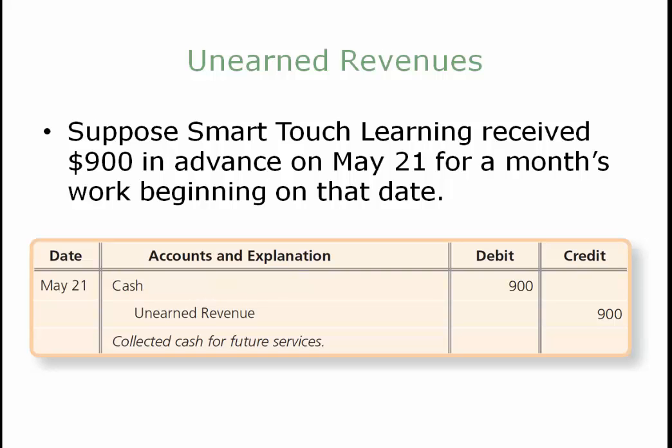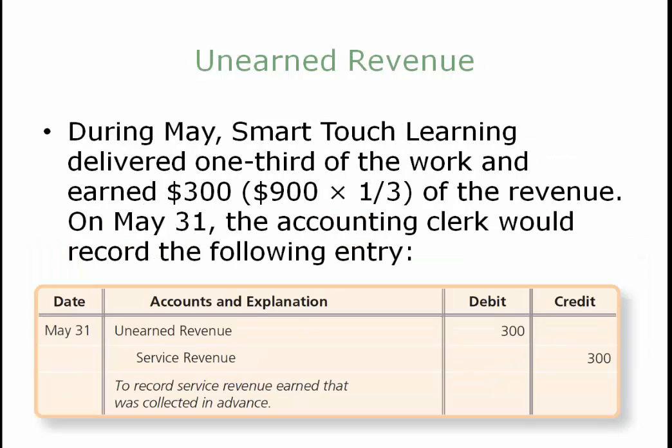When the computer comes in, I'm going to charge the rest of that back to you. And when I deliver the computer, that now becomes earned revenue on whatever date that they have earned revenue. When they have earned revenue, they're going to debit unearned revenue, which is a liability, and they're going to credit service revenue for the month that they did the work. So that's what it would look like.